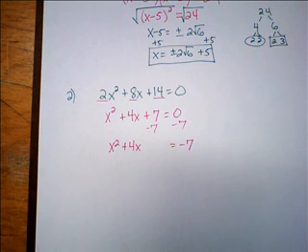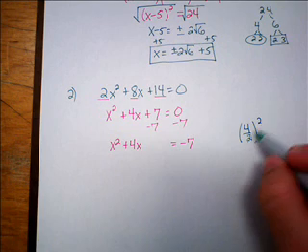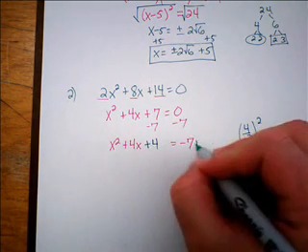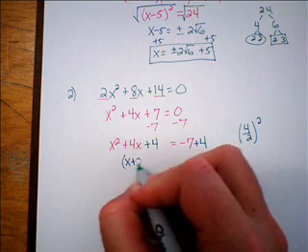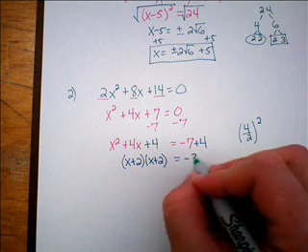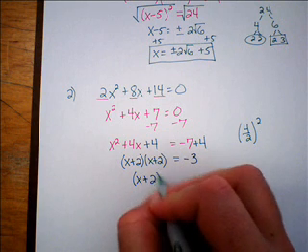And to complete the square, so 4 over 2 squared. So 4 divided by 2 is 2. 2 squared is 4. So let's factor this side here. It's going to be x plus 2, x plus 2. Negative 7 plus 4 is negative 3. Simplify the left-hand side, make it squared.